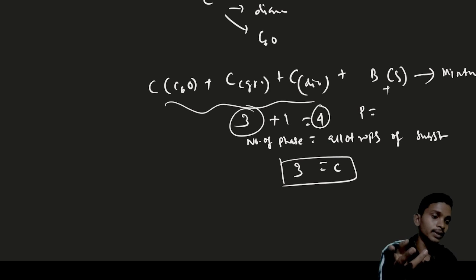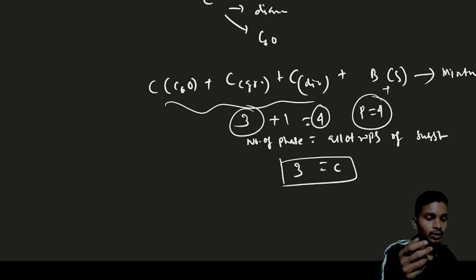So if different allotropes of a substance are given, consider all the allotropes as different phases. Allotropes will give different phases.